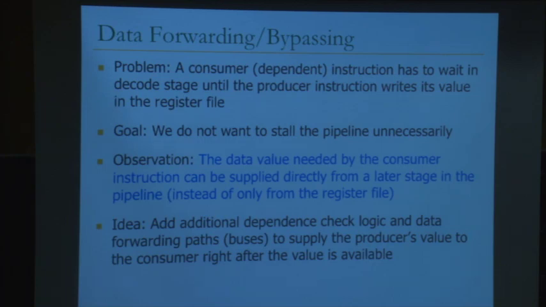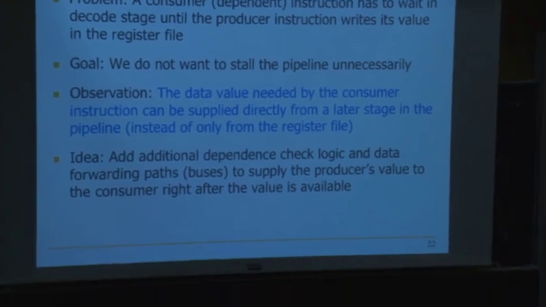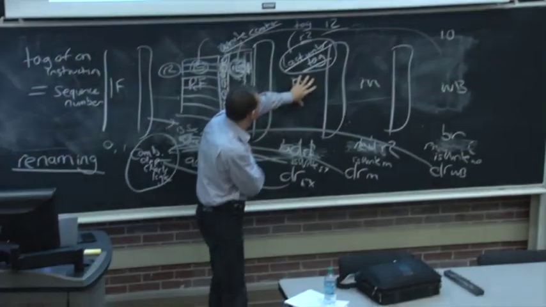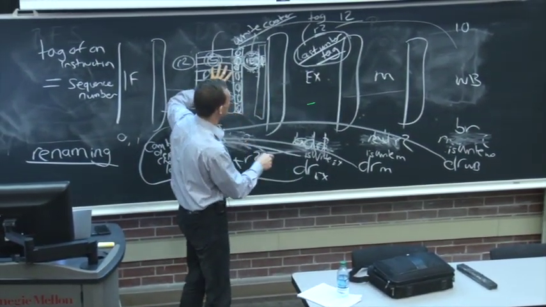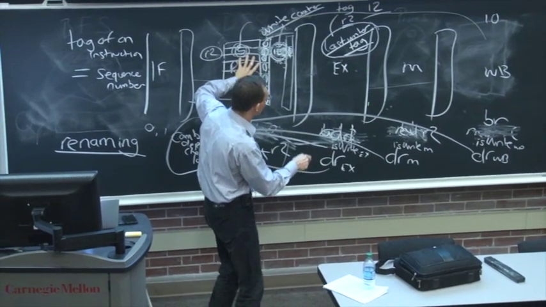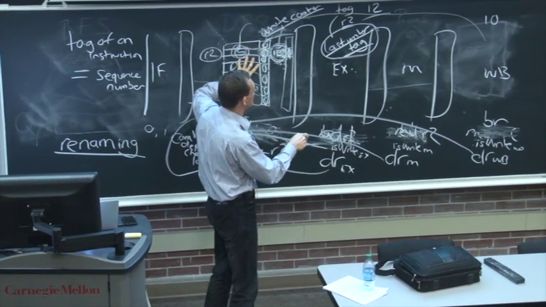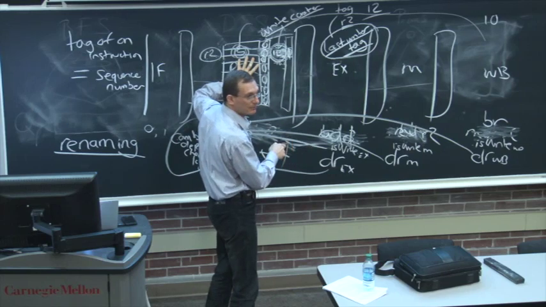And the idea is simple. Once you make this observation, basically you add additional dependence check logic and data forwarding paths to supply the producer's value to the consumer right after the value is available. So instead of having producer and consumer communicate only through the register file, let's say you have an add instruction that executes. You don't wait until the add instruction writes the register value to the register file, but you forward the value such that the add's result can be used right away.